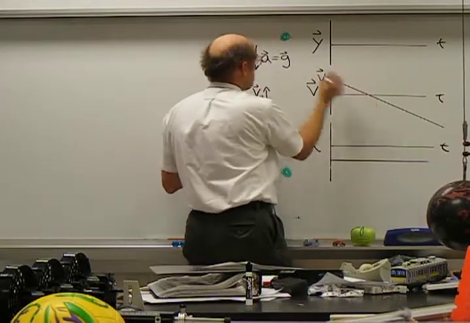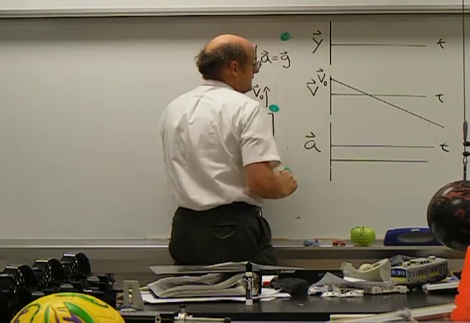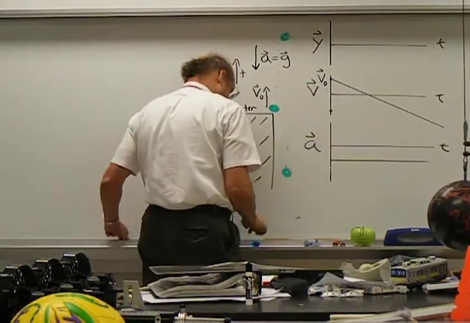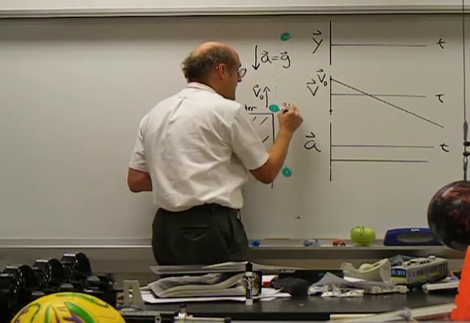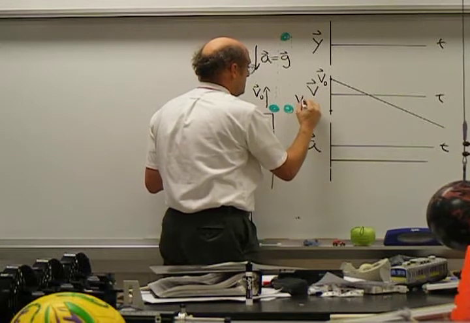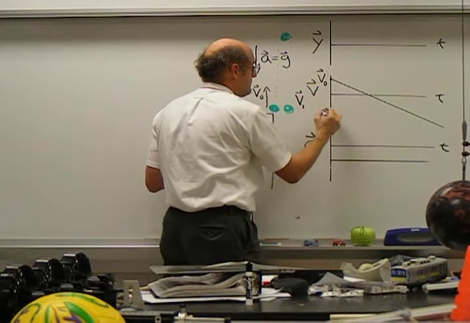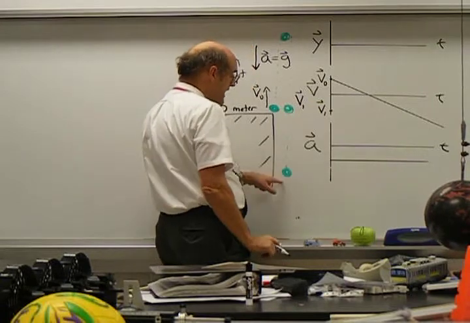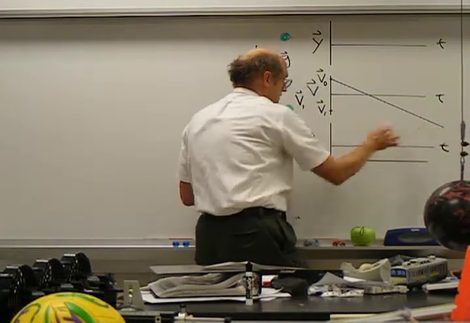So this is at the highest point, and right here would correspond to its velocity when it passes the point from which it was released. Okay, I'll just call that V1. And then down here would be the final velocity.